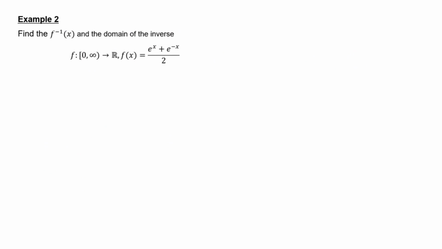Find the inverse of f of x and the domain. So this is restricted. Now the range of the original function: it's starting from 0, so 0 is included. This is my domain. It's a restricted domain. So the range of f of x: if I substitute 0 wherever I have x, that's going to be 2 over 2, which is 1.